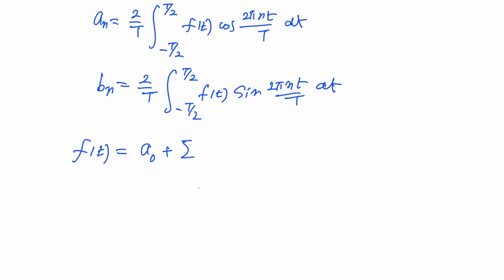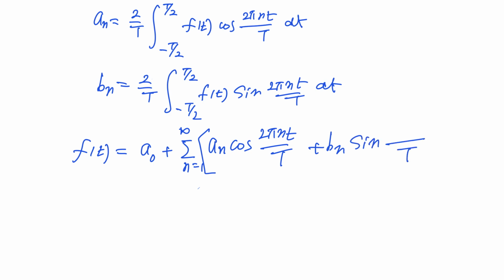plus the sum from n equal to 1 to infinity of an cosine 2 pi n t over T plus bn sine 2 pi n t over T. Right?